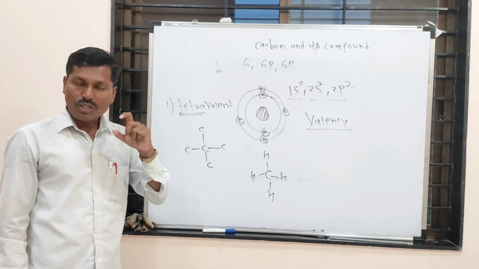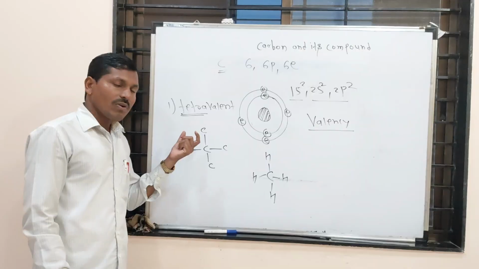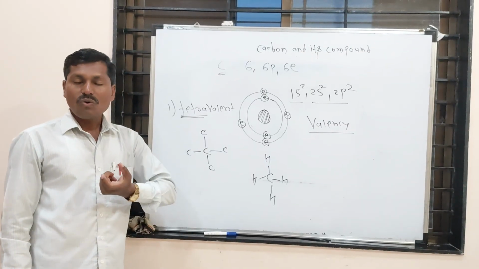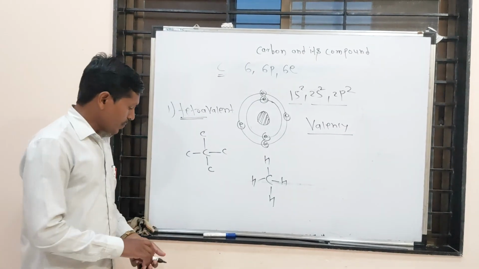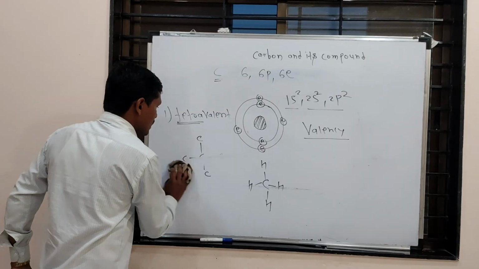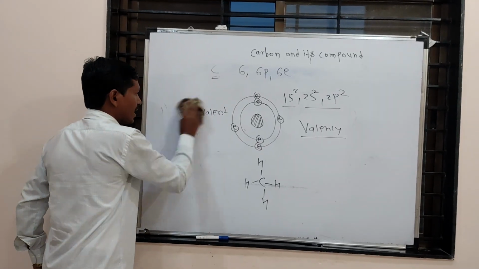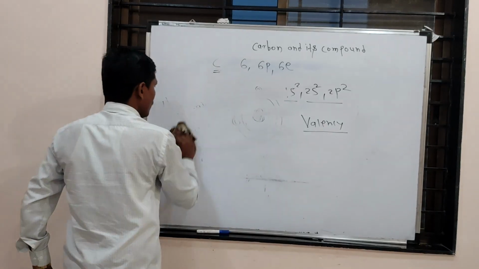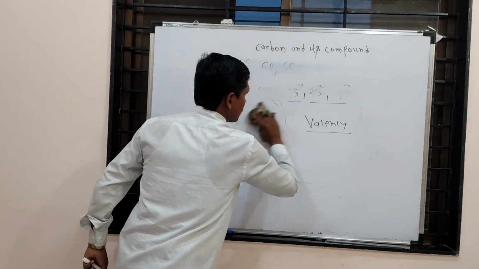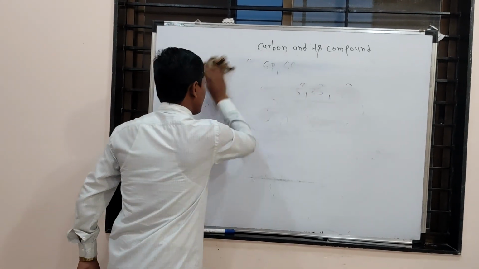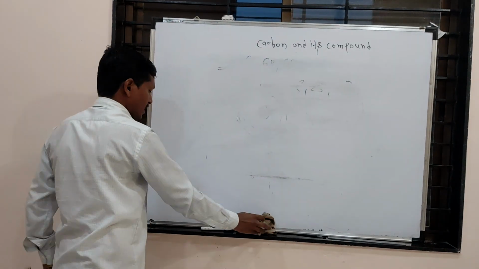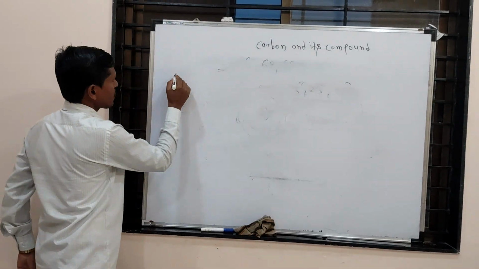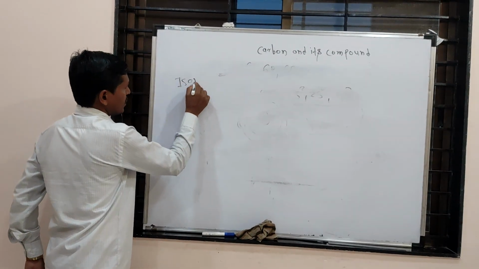And because of this property, it is called versatile in nature. So what are the other properties? Carbon is called versatile in nature, and that I am going to discuss right now. First we discussed that it is tetravalent in nature. The second property is isomerism.